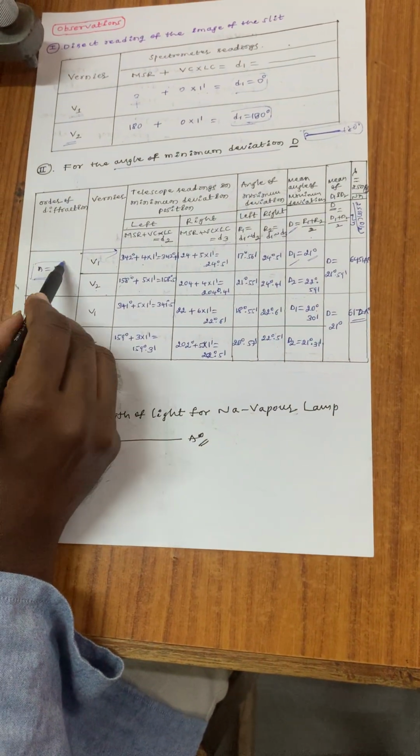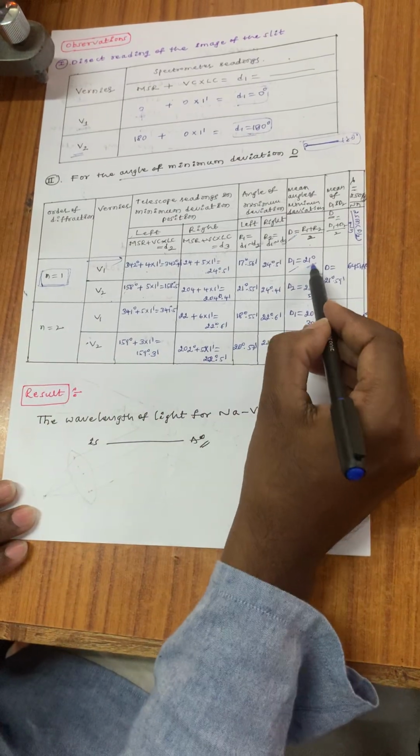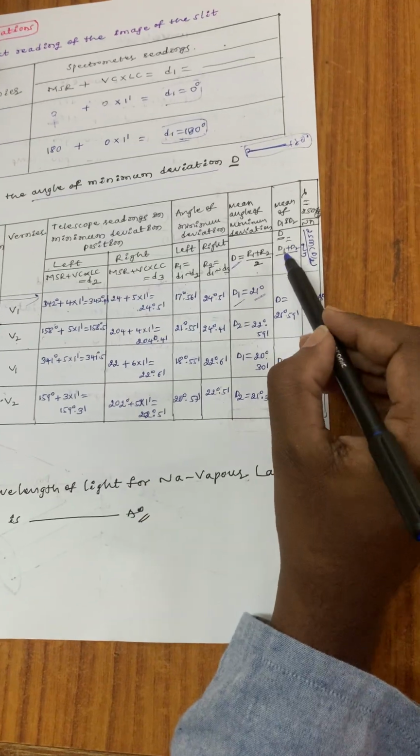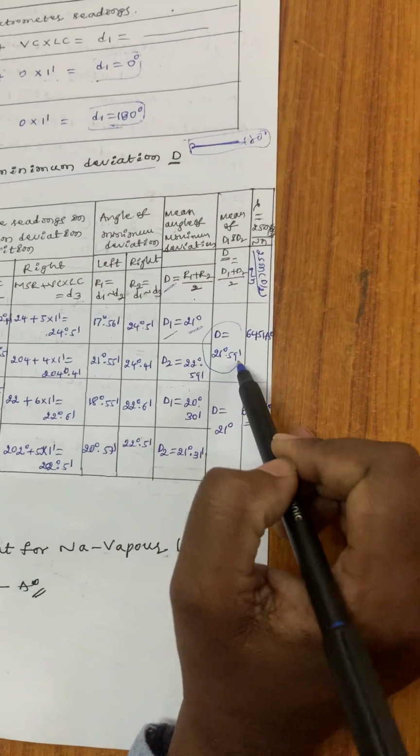For order 1 you write this D1, D2. The deviation angle is equal to D1 plus D2 by 2.